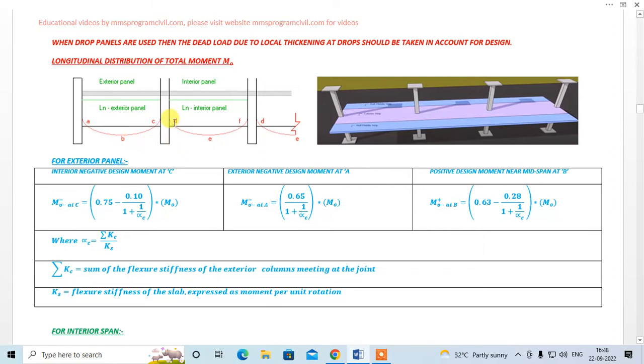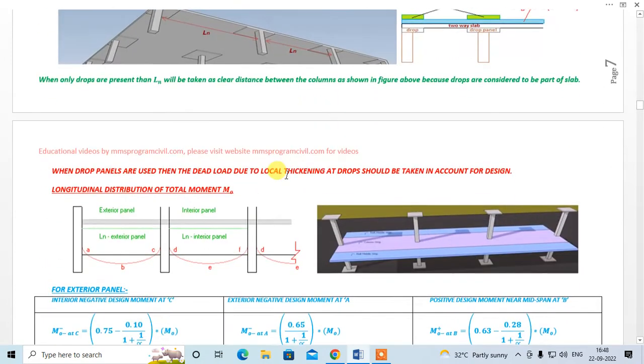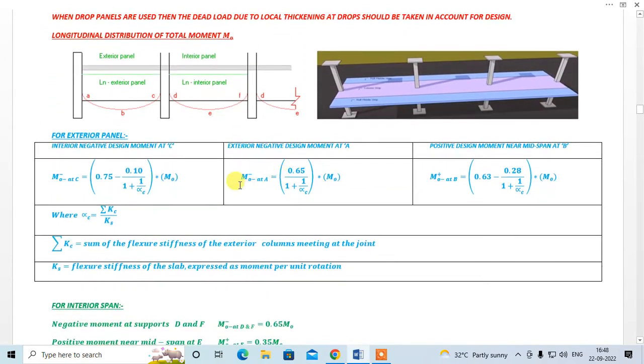Similarly over here, D and F will be hogging moments and carry a negative sign, and E will be a sagging moment and carry a positive sign, right? The moment at A can be found by this formula, the exterior negative design moment. M0 is the total moment which we find from here, and this is how you get the moment at A.